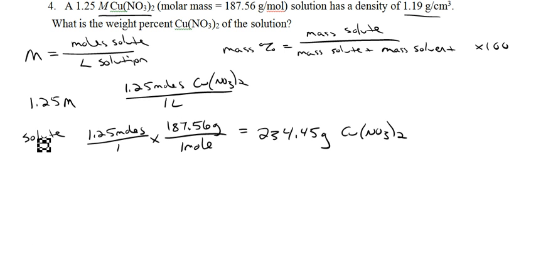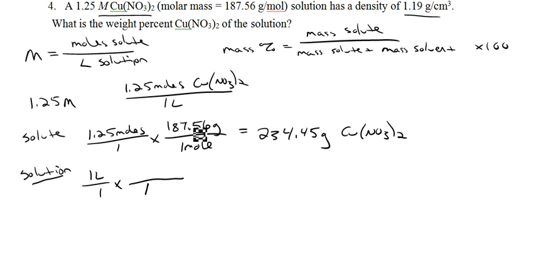So if we're getting mass percent, then we just need the total mass of the solution. We know the total volume of the solution is 1 liter, if again we're assuming we have this concentration. So we can go from volume to mass as long as we know the density. Just be careful, we're talking about the total solution here, we're not talking about the water. So we can use the density of the solution that they gave us.